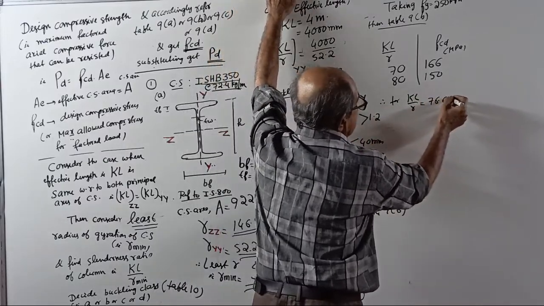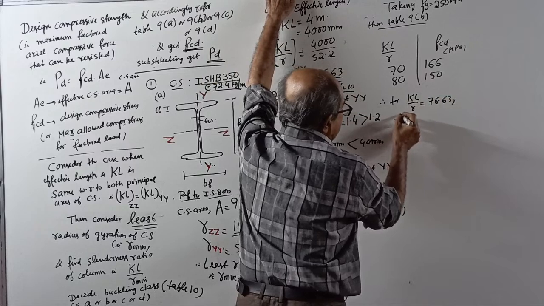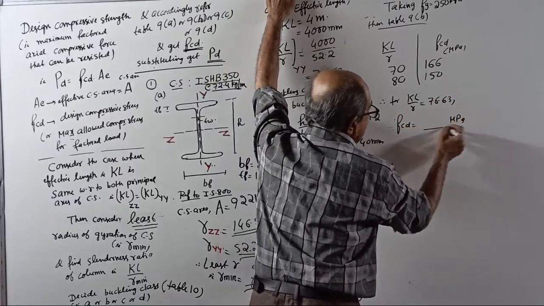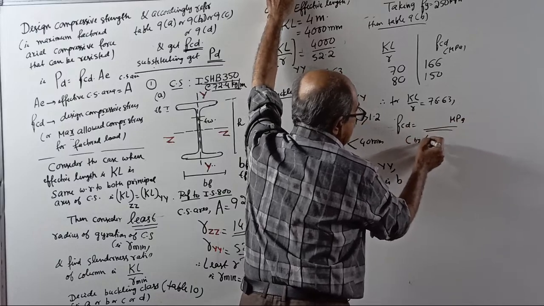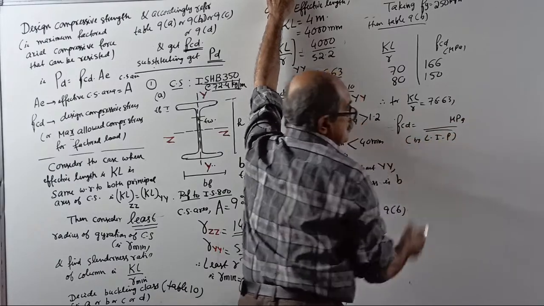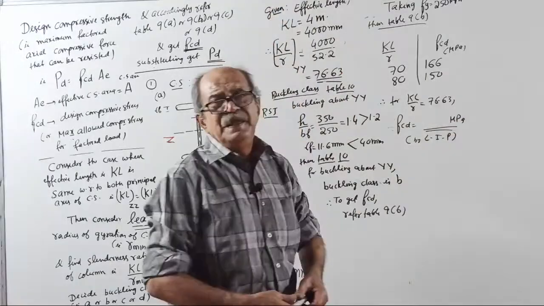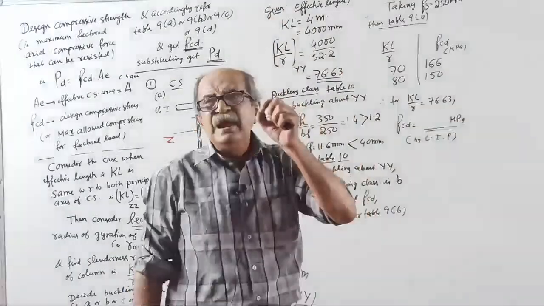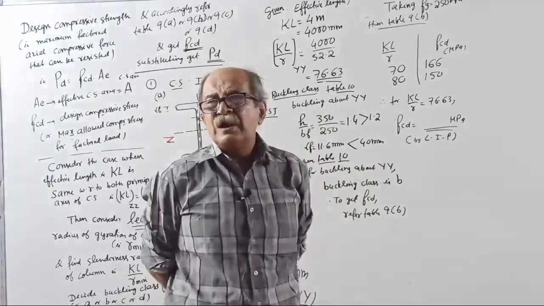Now, for KL by R equal to 76.63, we get FCD in MPa by linear interpolation. Those who find difficulty with linear interpolation, I made it crystal clear with a very, very easy method, no writing required.